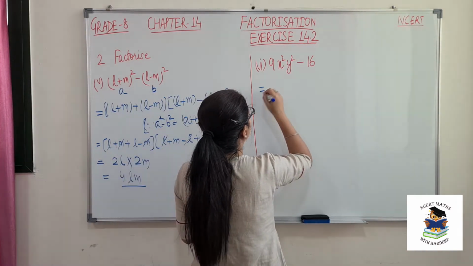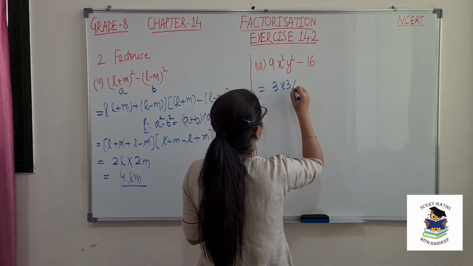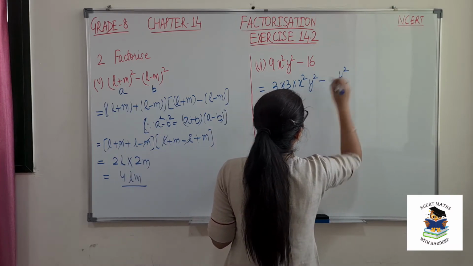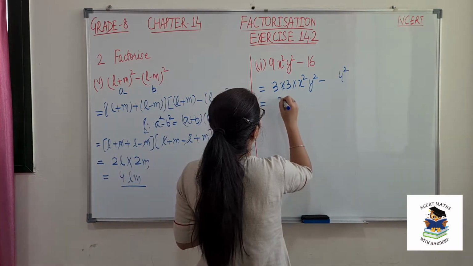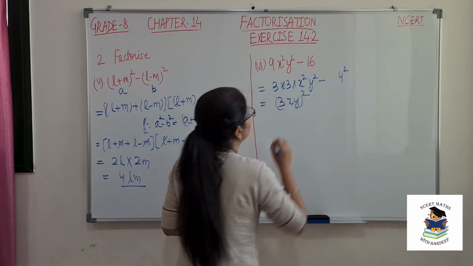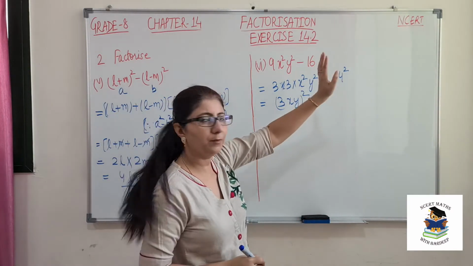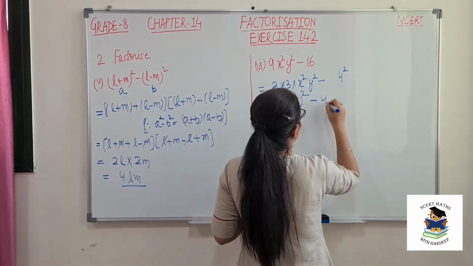So sixth is 9x square y square minus 16. Again we can write this as 9 is 3 into 3, x square and y square, and 16 is 4 square. Okay, so this can be further written as 3xy whole square, because 3 square, x square, y square, take the power out, inside will be 3xy, minus 4 square.